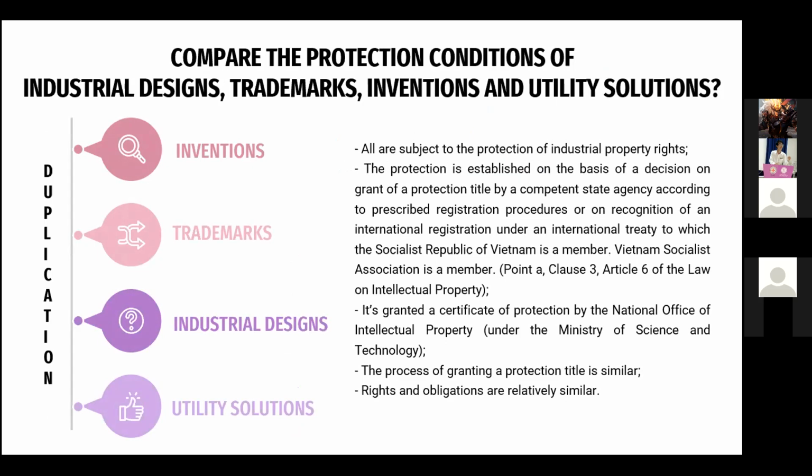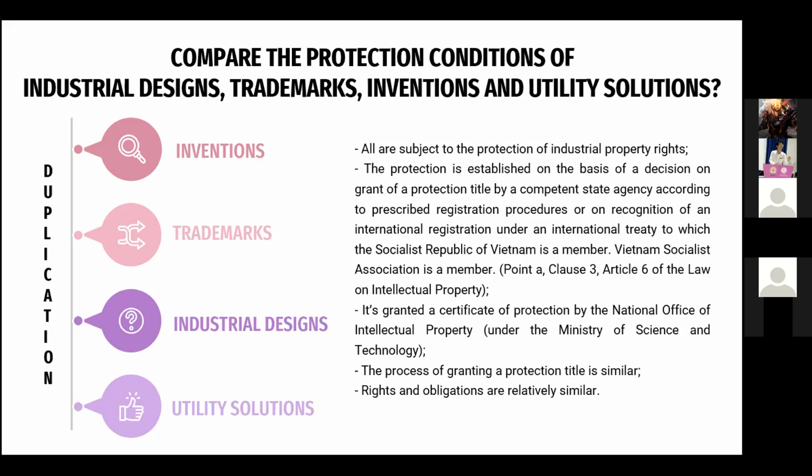Regarding the protection of an invention, the basis of the decision to grant the protection title is made by the competent state agency. Under Law, Article 6 of the Law on Intellectual Property, the certificate of protection is issued by the Intellectual Property Office under the Ministry of Science and Technology.